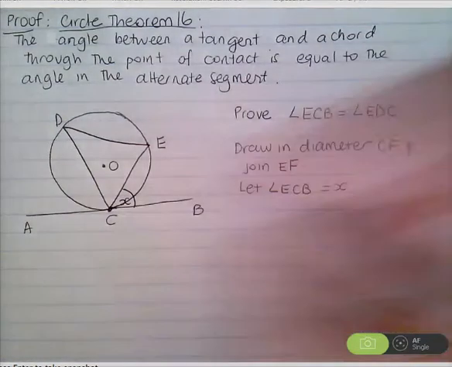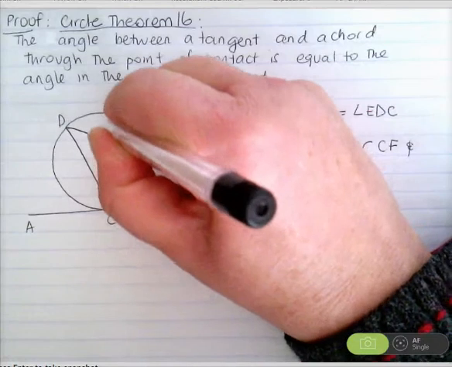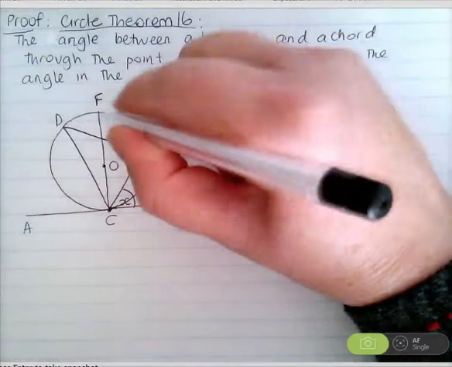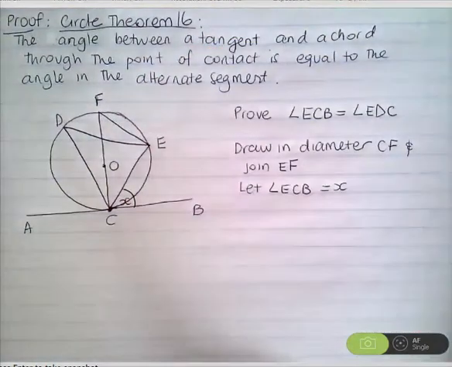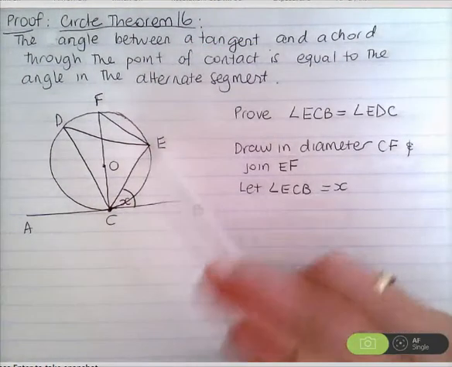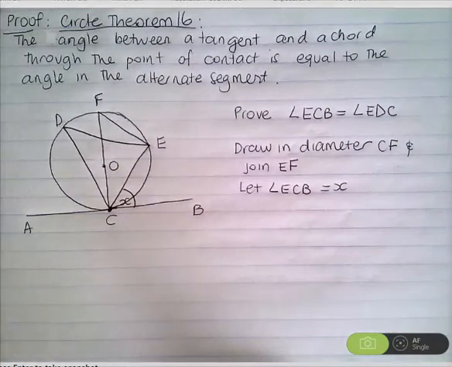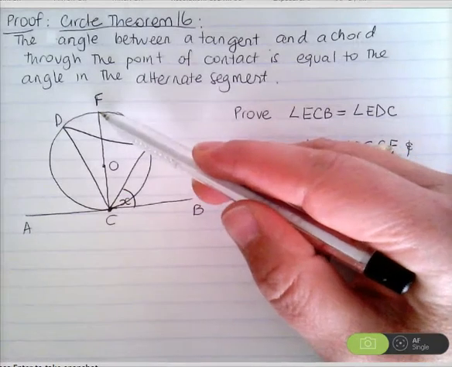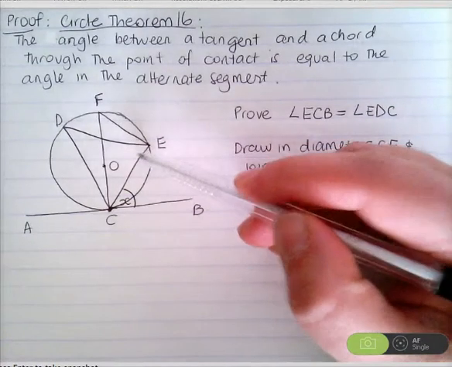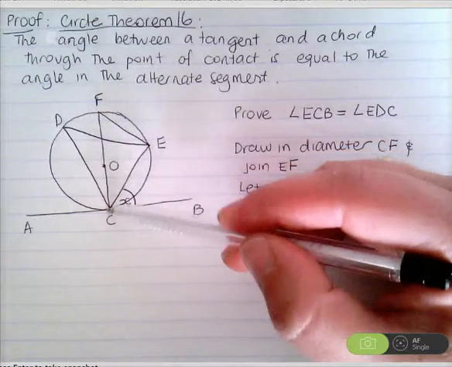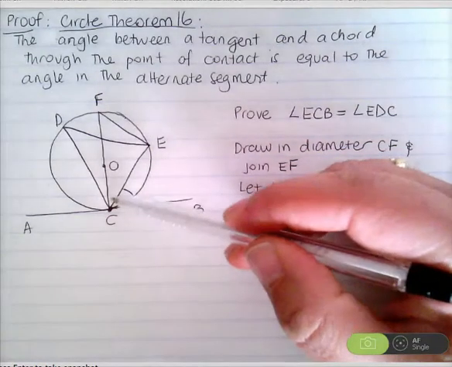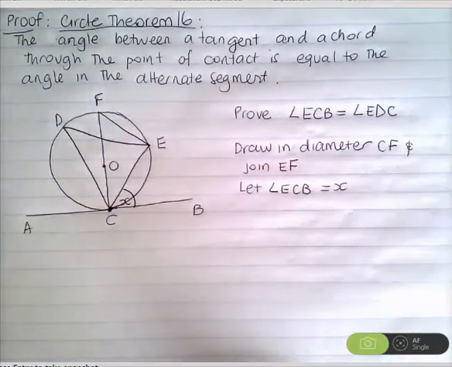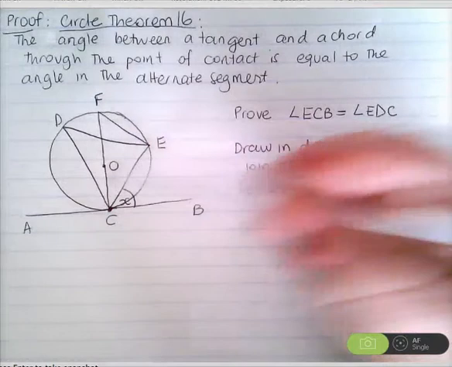Now, if CF is a diameter, it obviously passes through the center of the circle O. So we've drawn in the diameter CF, and now we're joining E to F. Okay? And we're also letting angle ECB equal X. Now that we've got a diameter CF, we know that angle FEC is 90 degrees. We also know that because OC is a radius, OC is perpendicular to the tangent AB, so angle FCB is also 90 degrees because the tangent is perpendicular to the radius.